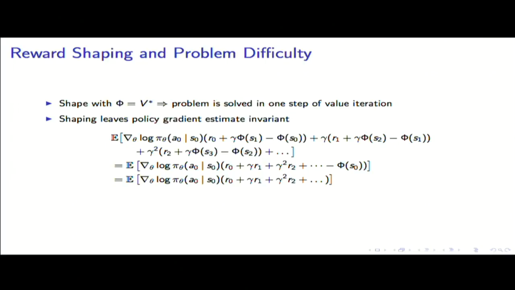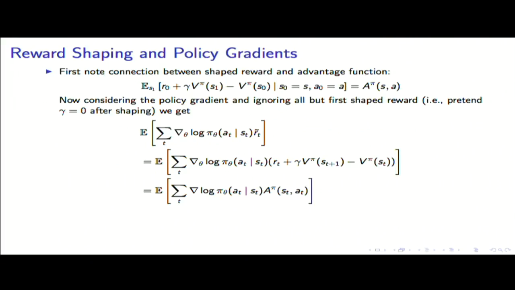So you can see that this policy gradient estimator with the shaped reward is the same as, well, the estimator isn't exactly the same because this one has a baseline in it, but the policy gradient is the same because the expectation is the same. Another way you can see that is by looking at the advantage function.